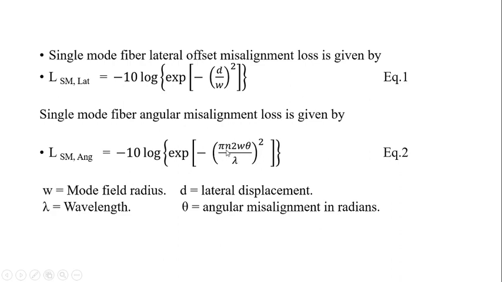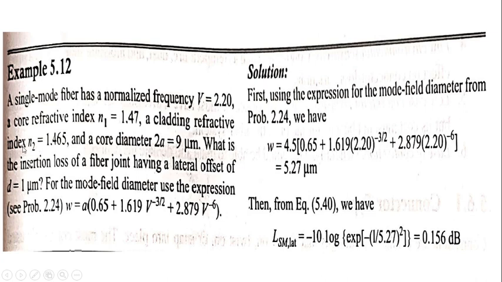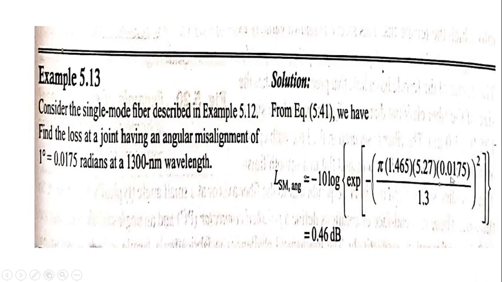You require the cladding index, that is the refractive index of cladding, you require w, you require angular misalignment in radians, and you require lambda. 1.465 is n2, that is given in the question. Cladding refractive index is 1.465, so you are substituting here.